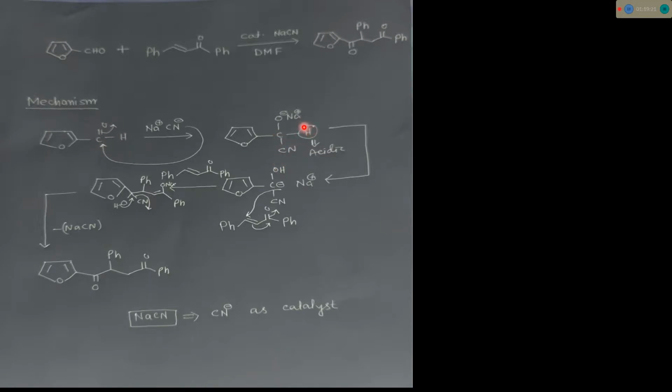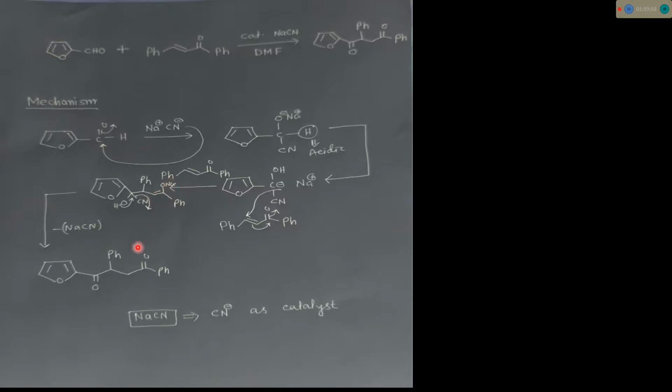Now it will be abstracted by OH minus. The negative charge on carbon now attacks the beta position of this alpha beta unsaturated carbonyl, so this intermediate will form. Now this OH bond breaks to form a carbonyl, and CN minus leaves.